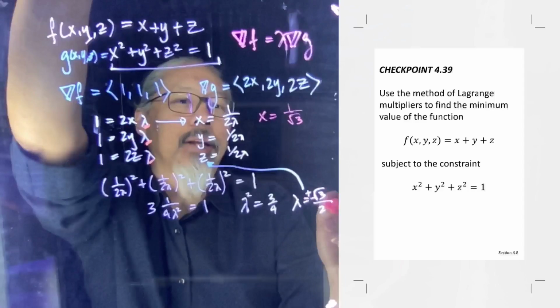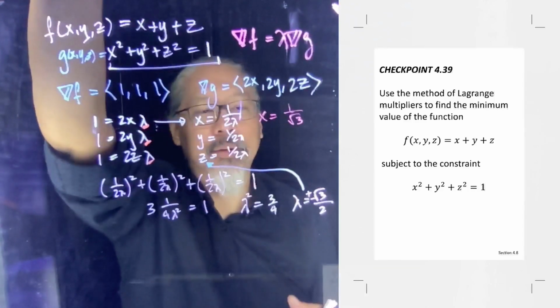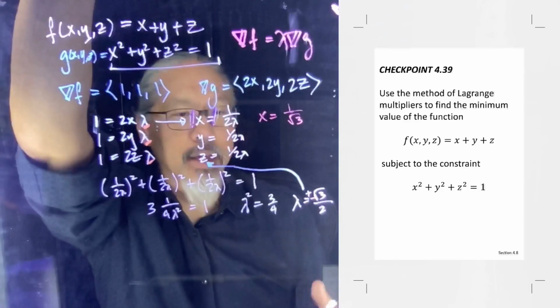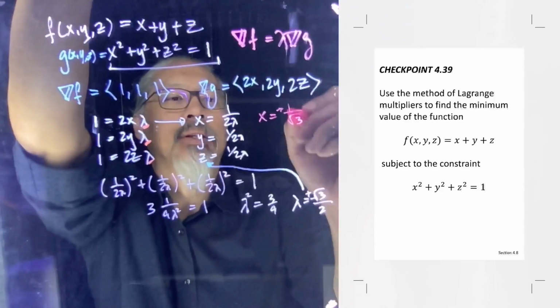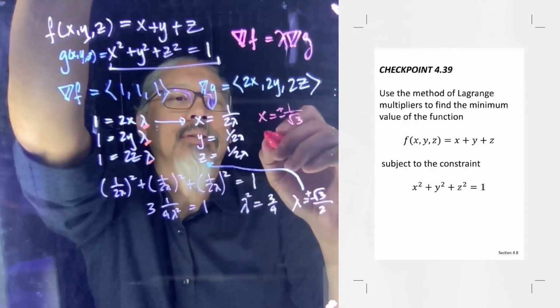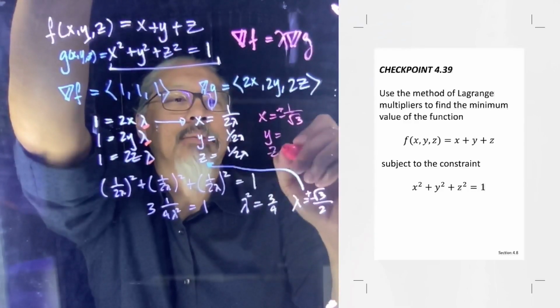Positive or negative depending. The positive part will give us the maximum, and the negative part will give us the minimum. The same thing is going to happen for y and z; they're all going to be the same.